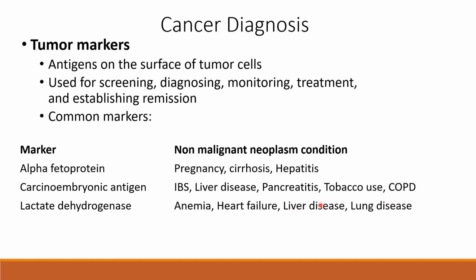Liver disease is the one exception there, it doesn't really fit in. But the liver produces lactate dehydrogenase, so with dysfunction of the liver it makes sense that you might have elevated lactate dehydrogenase. So we see conditions in which you don't have cancer, but you have the cell marker.